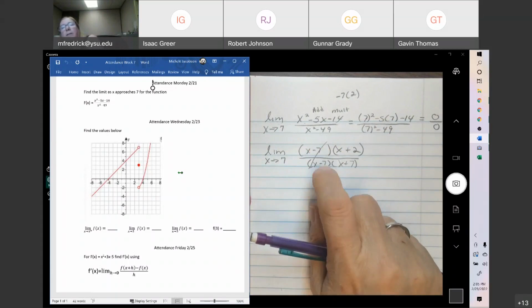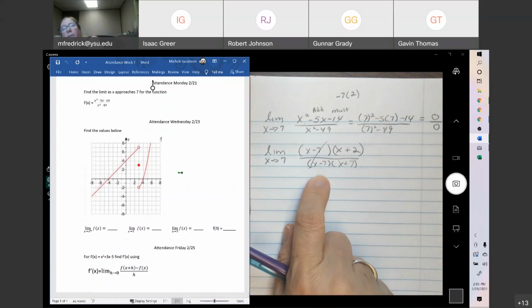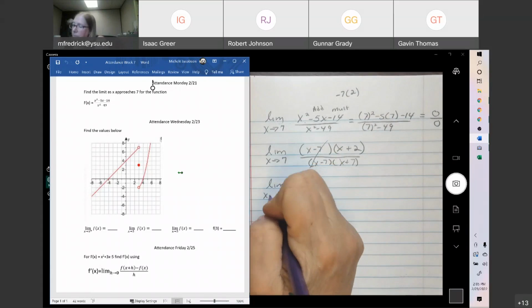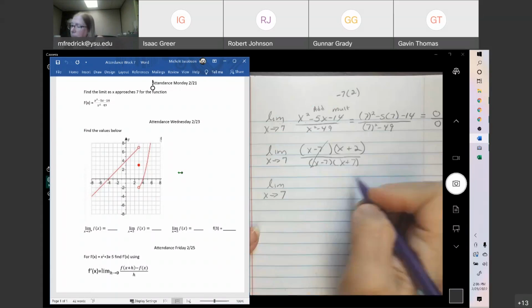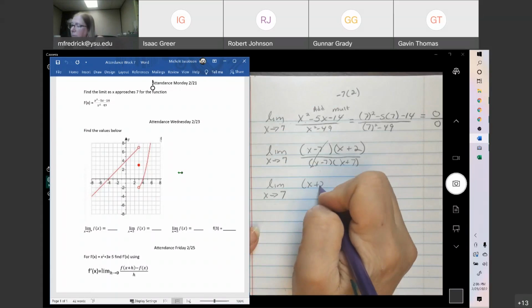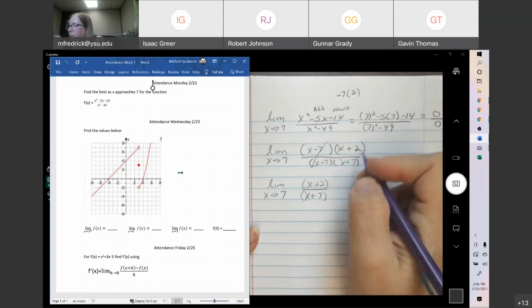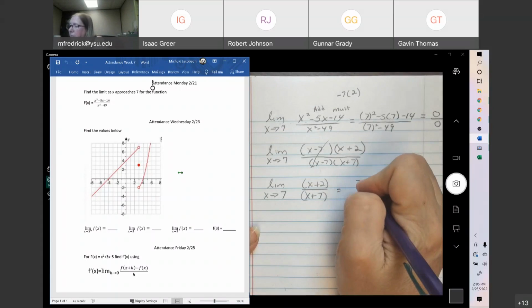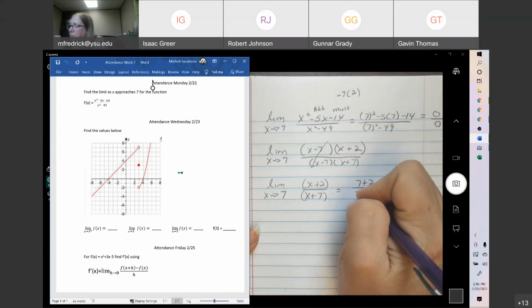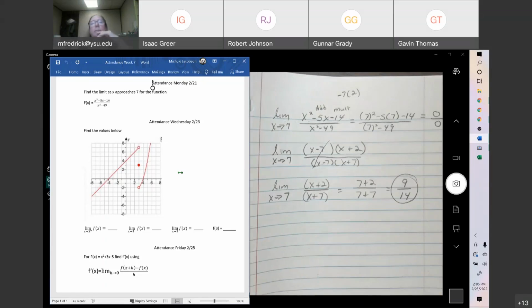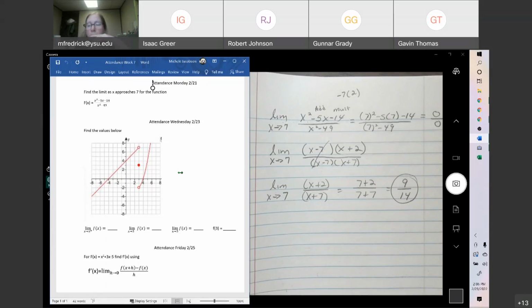That's what was giving us the 0 over 0. So then you plug 7 in again, and you should get 9/14. Any questions on that?